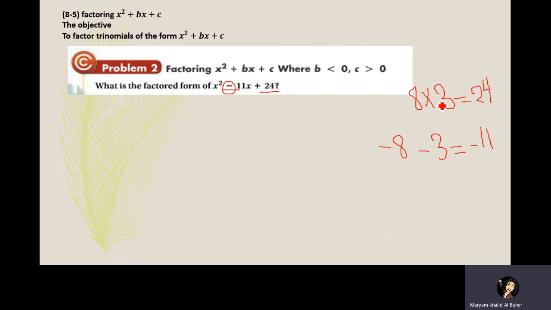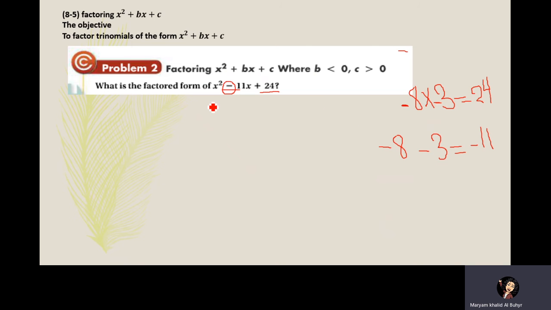Will anything change if I say negative 8 times negative 3? No, because negative times negative is positive according to the sign rule. In the multiplication sign rule, same sign is positive, different sign is negative. If you don't remember that, I'm reminding you here. While in addition and subtraction, same sign: add and keep the same sign; different sign: subtract, and then take the sign of the larger.